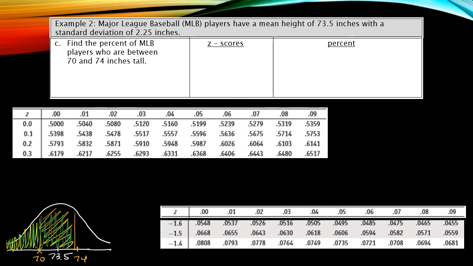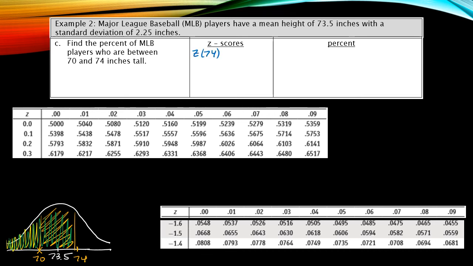Then I'm going to find the percentage for the yellow part, which I'll use a z-score for 70. And then I'm going to subtract the two, because if I take the green part and then I subtract away the yellow part, I will only be left with the orange part, which is what I want. So we're going to have to do 2 z-scores, 2 percentages, and then we're going to subtract the 2 of them.